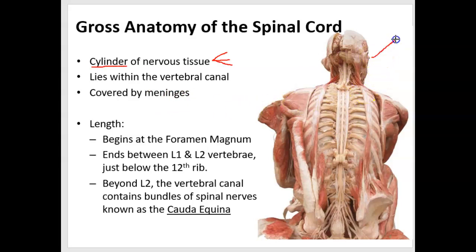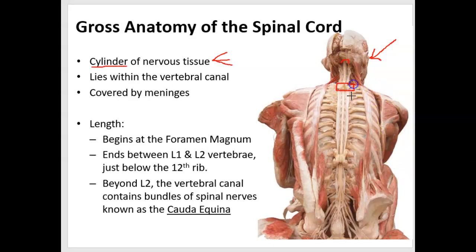This picture shows the spinal cord all the way from the brainstem down to the sacrum and the coccyx. A couple of vertebrae have been left in place.